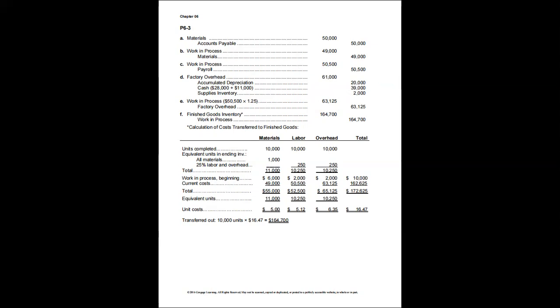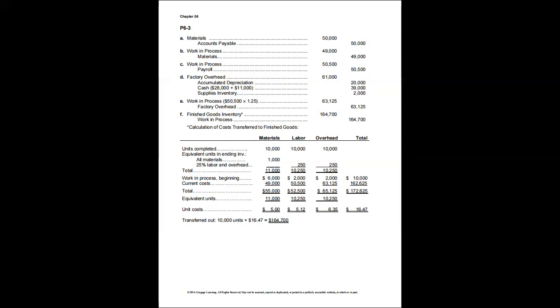And you should first compute equivalent units and unit cost. The unit cost should include applied, not actual factory overhead. Carmel uses the weighted average cost method. The ending inventory of work in process consisted of 1,000 units that were completed as to materials and 25% complete as to labor and overhead.